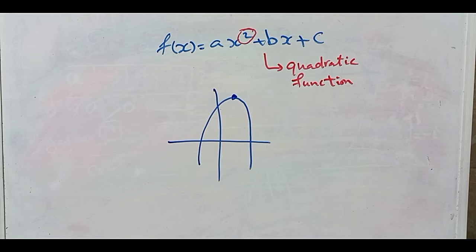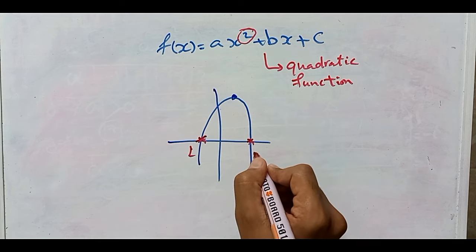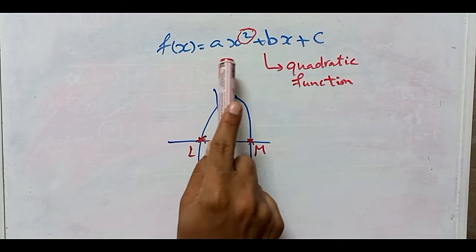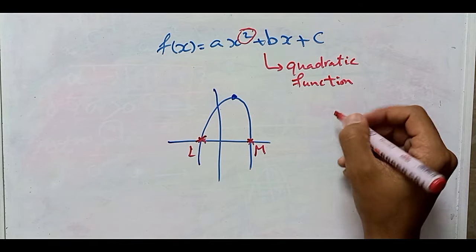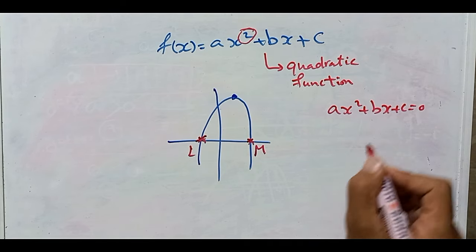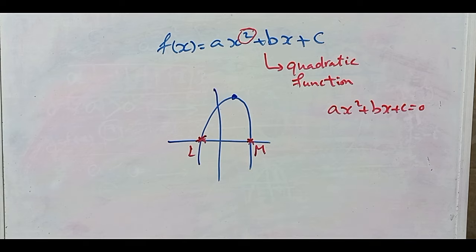And we have the solution of this equation is L and M. So the solution or the roots of the quadratic equation ax power 2 plus bx plus c equals 0 is the point of intersection with x-axis.